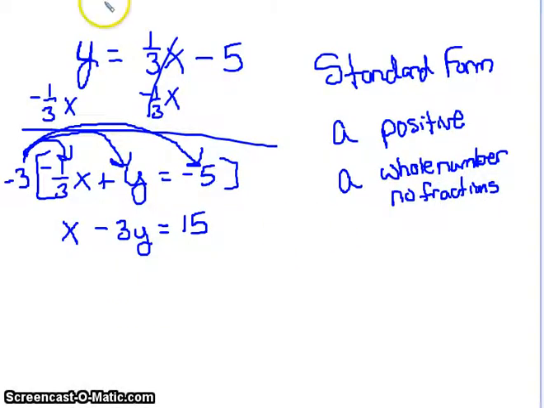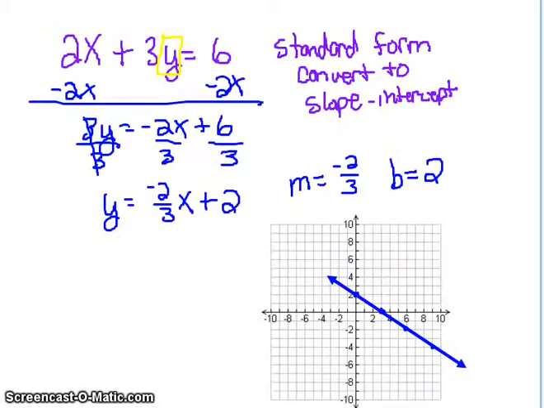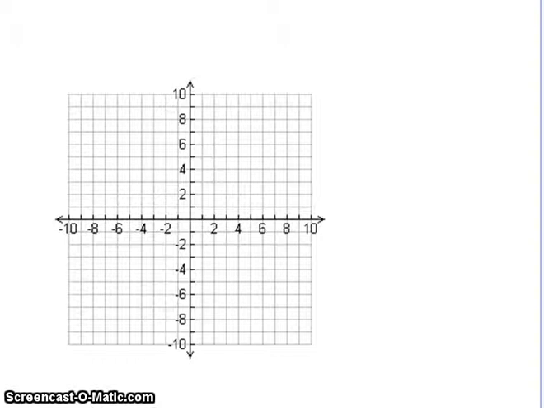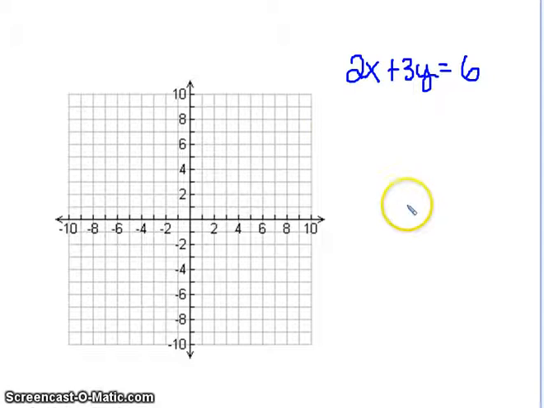Now, we have to talk about graphing in a little different way. Earlier I gave you all the equation 2x plus 3y equals 6. So if we look at that again, 2x plus 3y equals 6. You can use this to graph with your x and y intercepts.